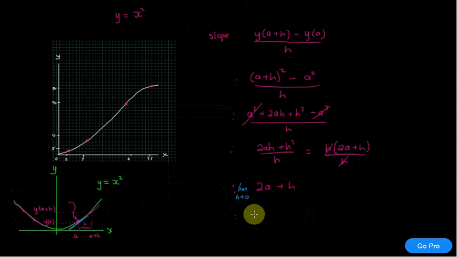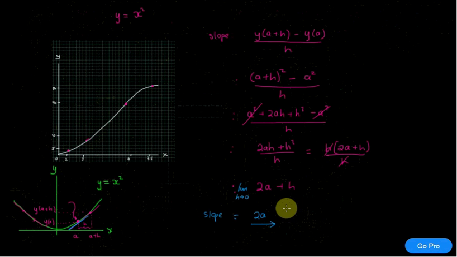So this in essence becomes, or the slope becomes 2a. Okay, so it's just at that specific point. Alright, so that might still not make sense, but remember a is just the substitute for some value of x.